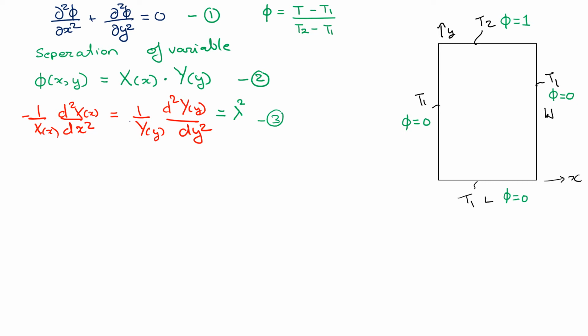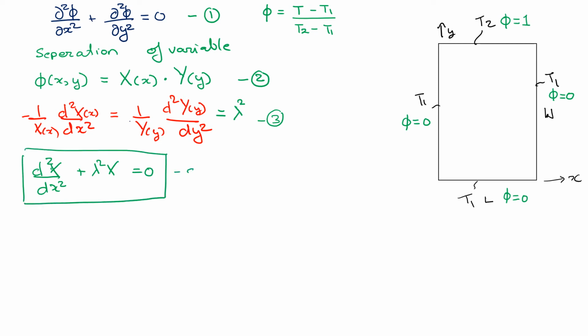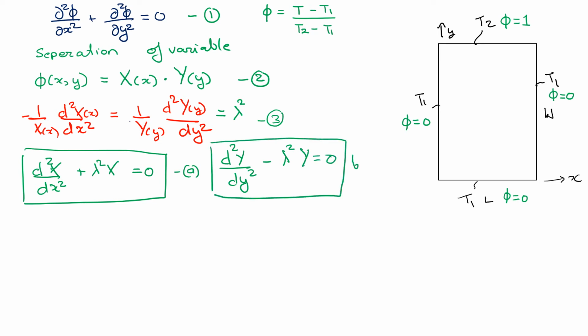So our first equation will be d square X by dx square plus lambda square into X equals to 0. So let's say this is equation A, and our next equation will be d square Y upon dy square minus lambda square Y equals to 0, and let's say this is equation B.